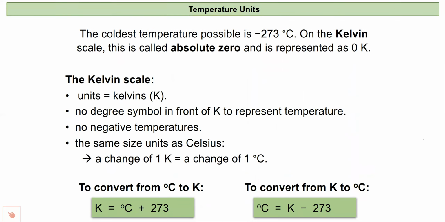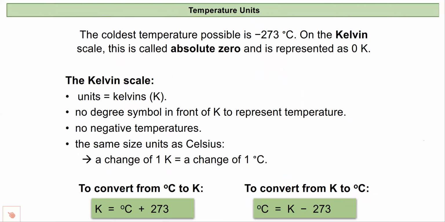Now, converting between Kelvin and Celsius is pretty easy. Since it's just defining where 0 is, we can convert Celsius to Kelvin by adding 273, or we can convert to Celsius from Kelvin by subtracting 273.